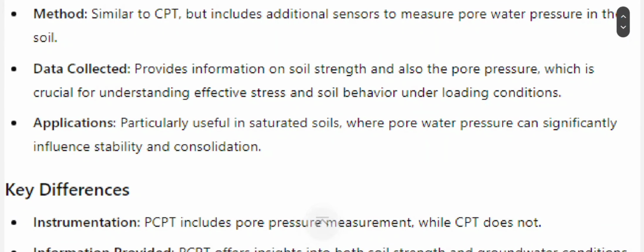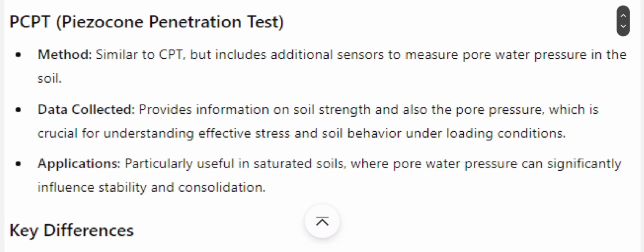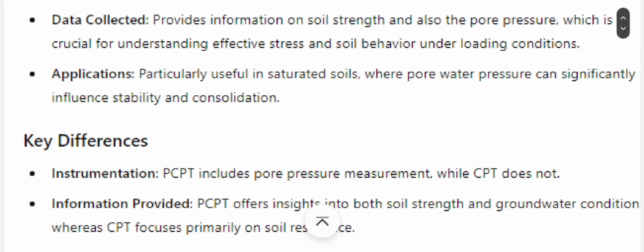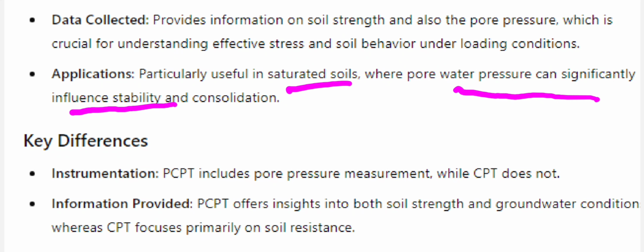In PCPT, the data collected provides information on the soil strength and also the pore pressure, which is crucial for understanding effective stress and soil behavior under loading conditions. To understand effective stress, we need the measurement of pore pressure. This is particularly useful in saturated soils, where pore water pressure can significantly influence stability and consolidation.